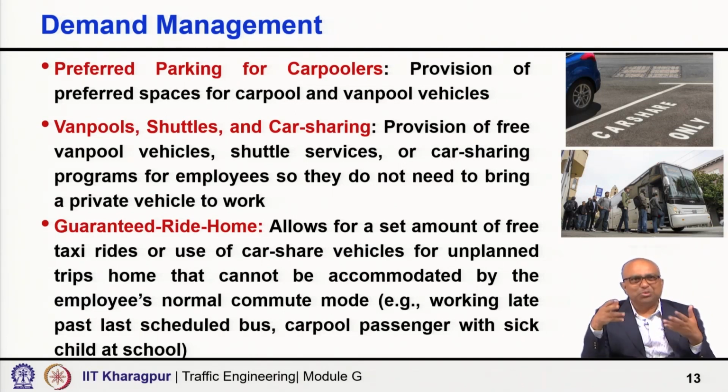If you are normally commuting using car sharing, carpool, van pool or using transit, okay, non-SOV vehicles, right, then a certain amount of free taxi rides you are eligible to get, right, or you can use some car share service for the unplanned trips home.